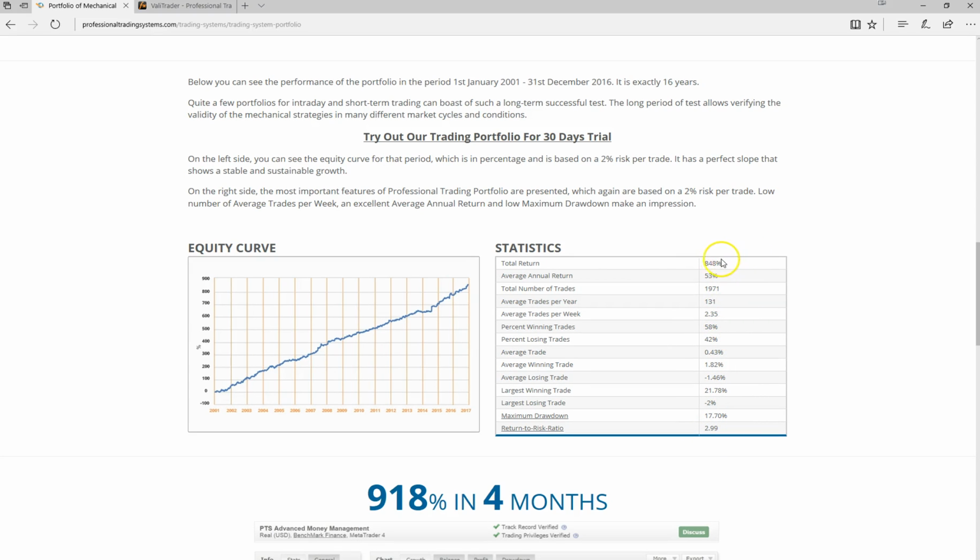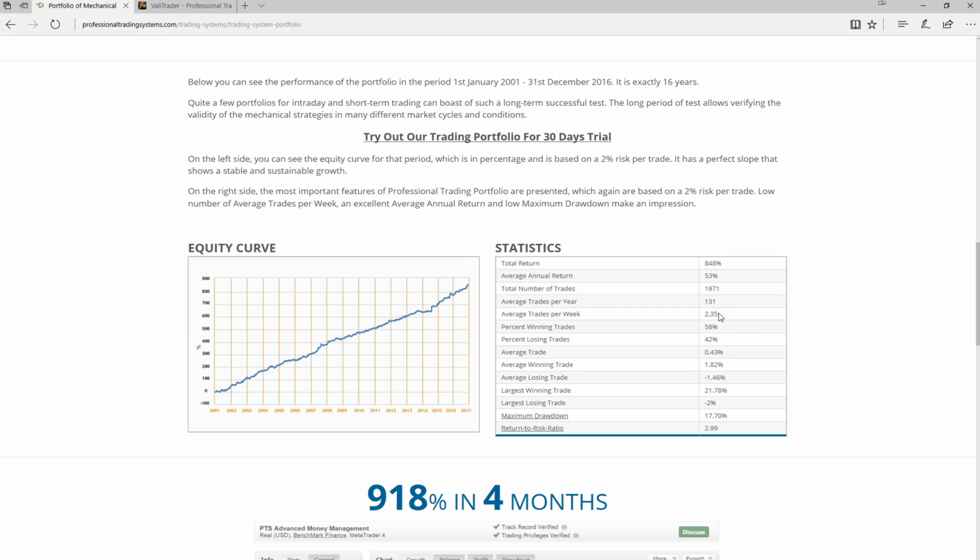So total return over that period of 848%. Average annual return of 53%, total number of trades between the two systems of 1,971, which equates to 131 trades per year or 2.35 trades per week.